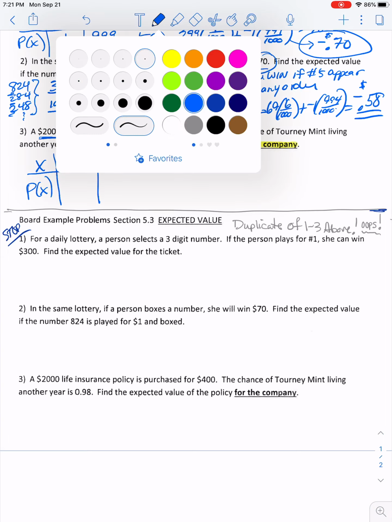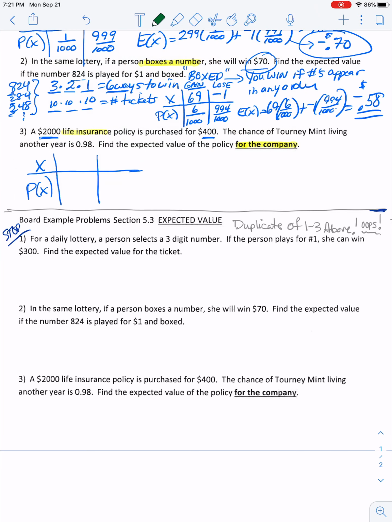So the way it works is, if you live, all you lose is your $400. If you don't live, your family is going to gain $2,000. So that's what happens to you as a consumer. For us as the company, if we sell this policy, we have income of $400, because the consumer is going to write us a check and say, here's $400, I want you to insure me.